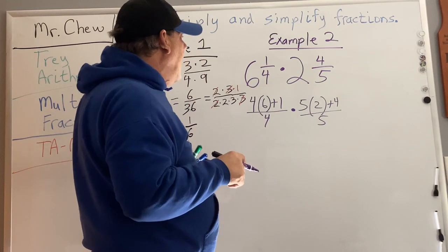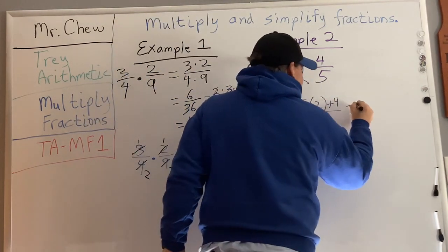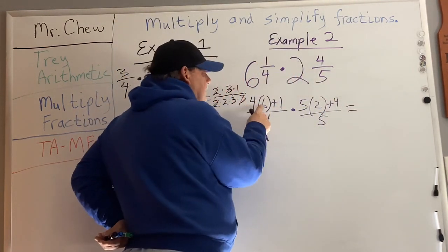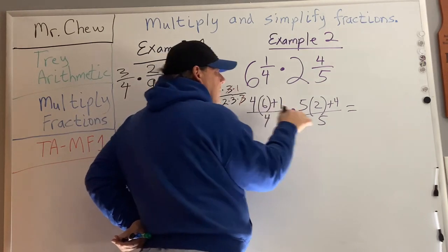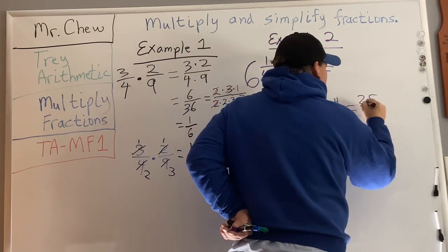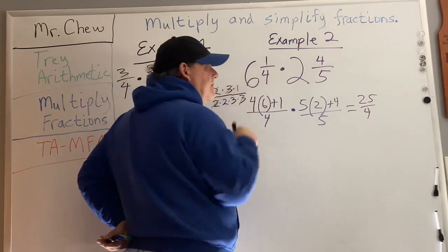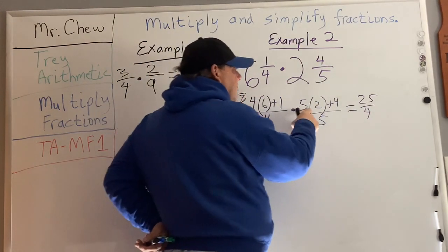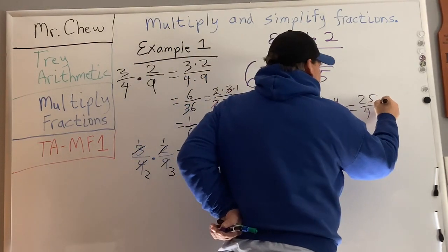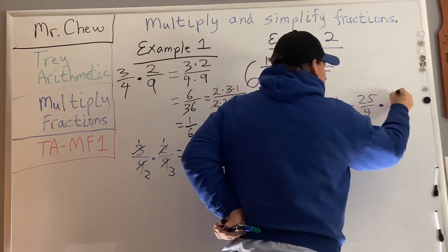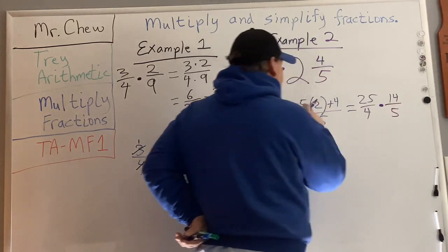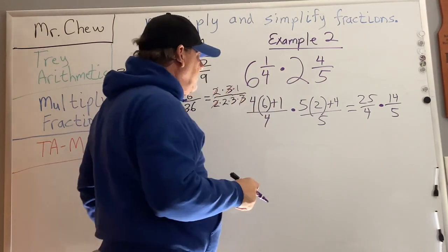Okay, so now I'm going to do this on this one line just to simplify it. 4 times 6 is 24, plus 1 is 25 over 4, and that's equivalent to 6 1/4. 5 times 2 is 10, plus 4 is 14 over 5, and that is equivalent to 2 4/5.